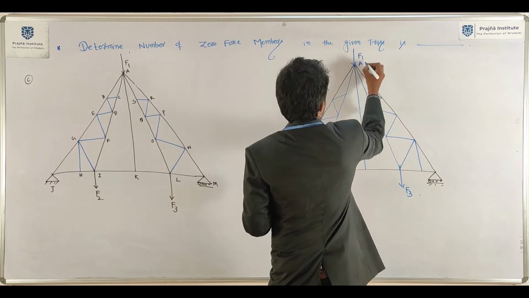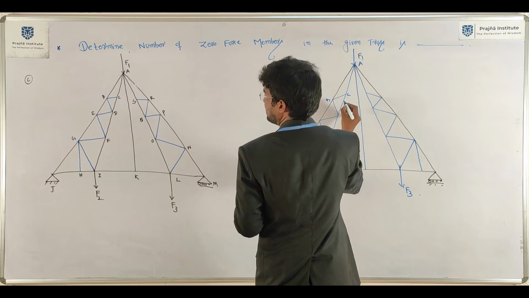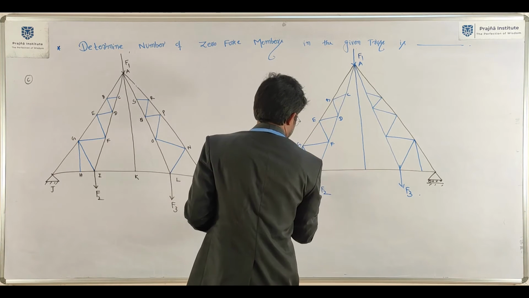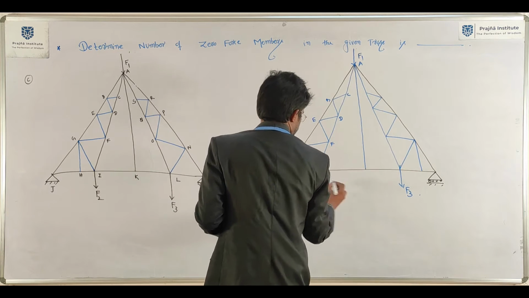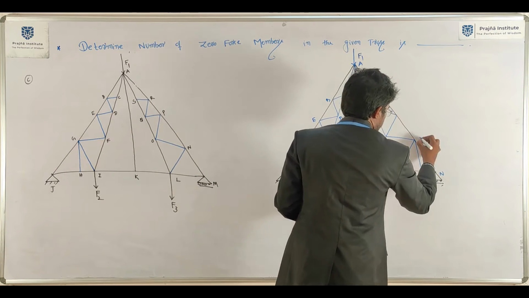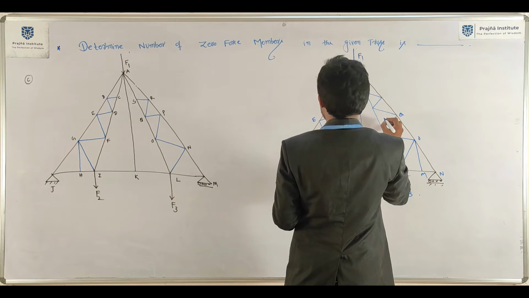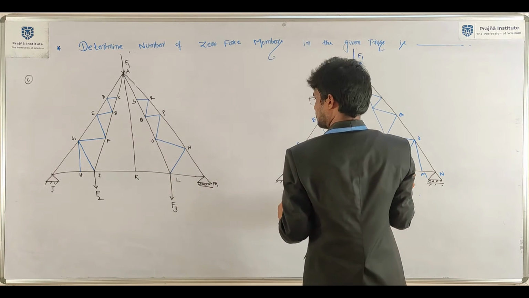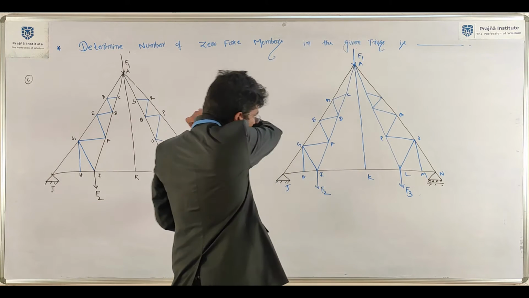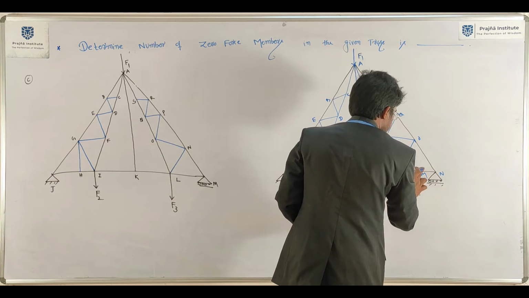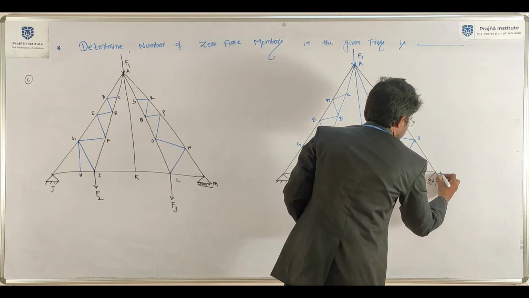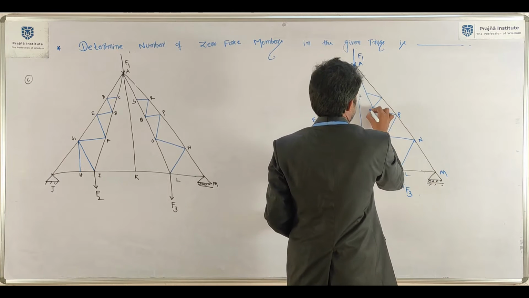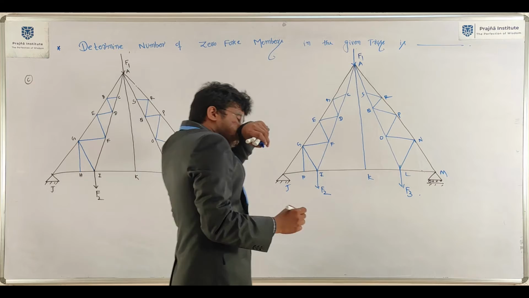Now label the joints A, B, C, D, E, F, G, H, I, J, K, L, M, N, O, P, Q, R, S.